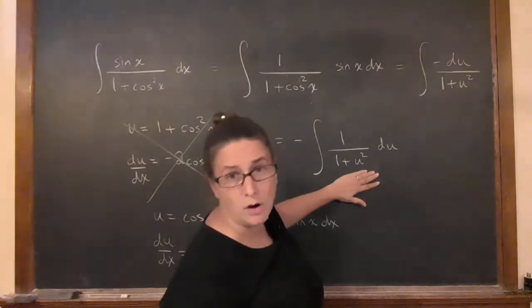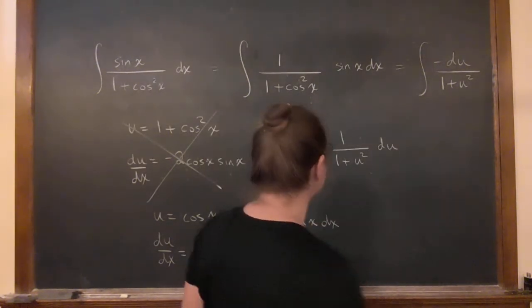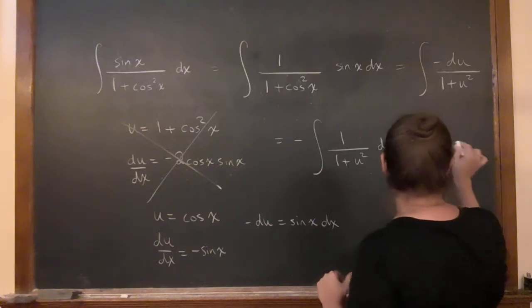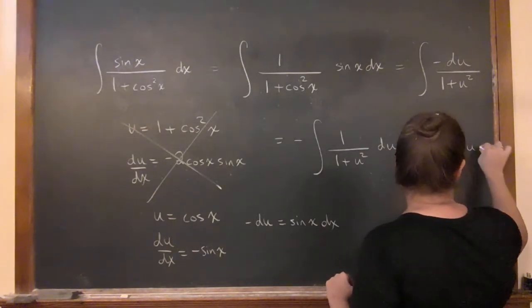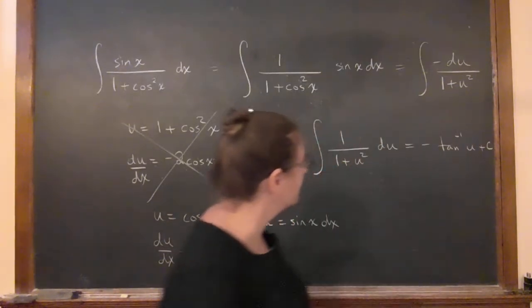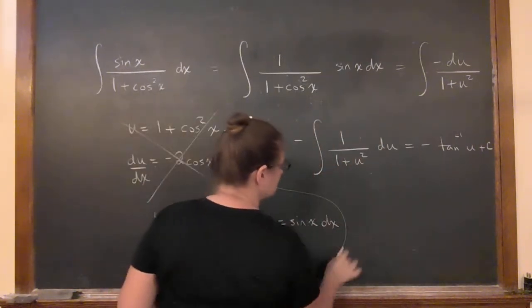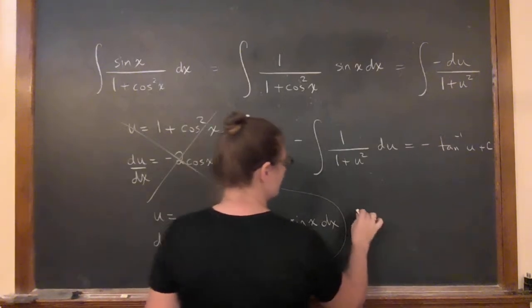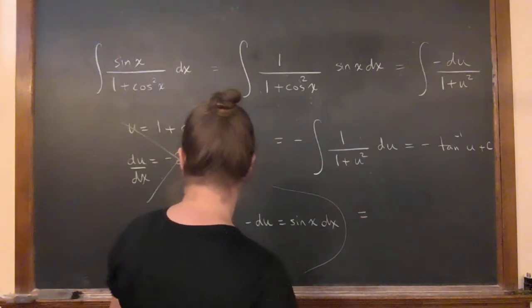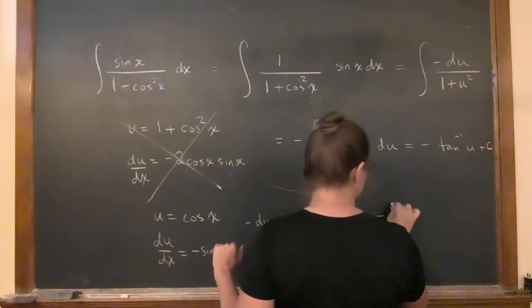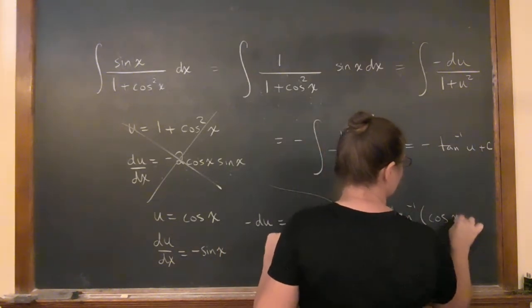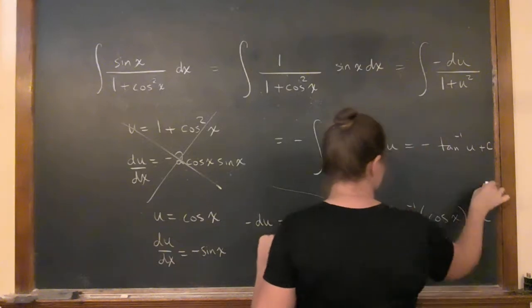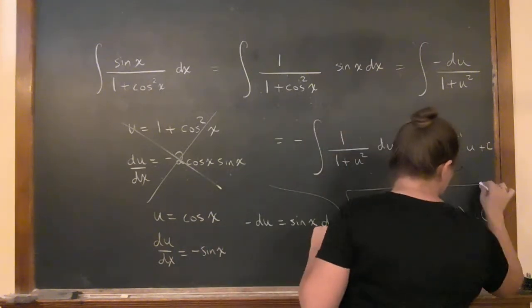You'll see this form, okay? And that form is inverse tan of u, so I have minus inverse tan of u. That's my answer there. So then when I put in, what was u? Cosine. So I have minus inverse tan of cosine of x. And that's my answer. Okay?